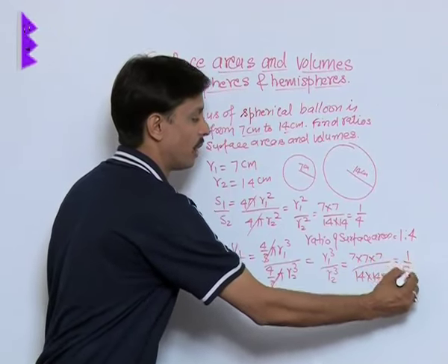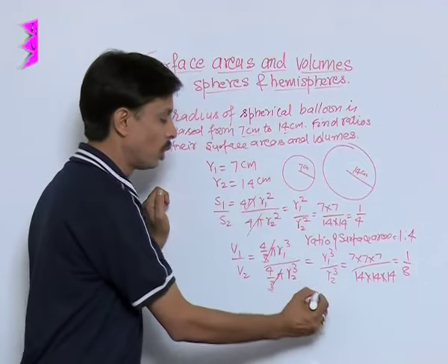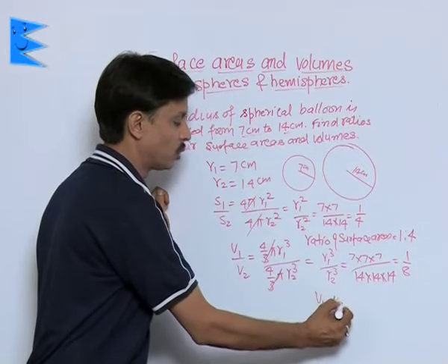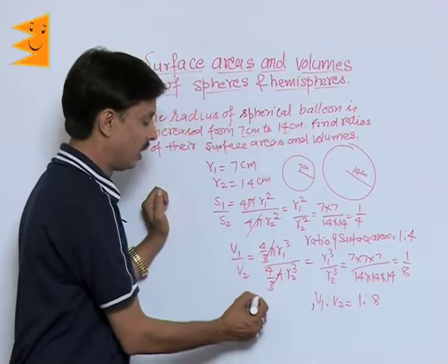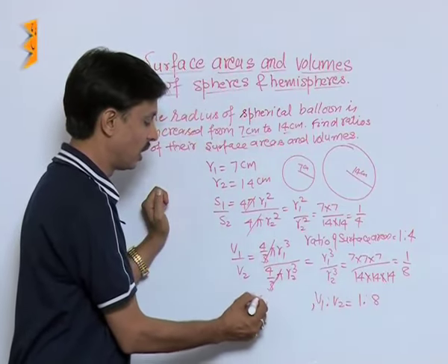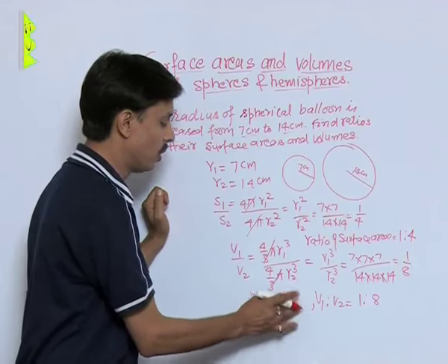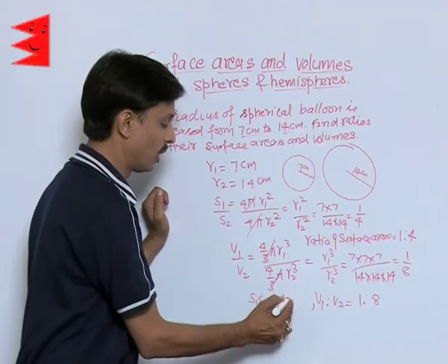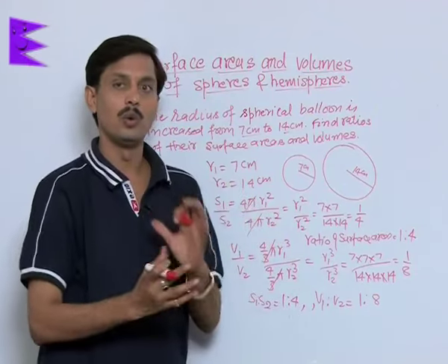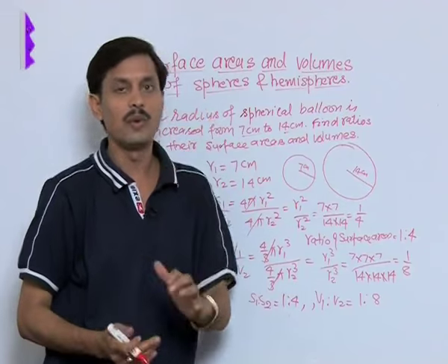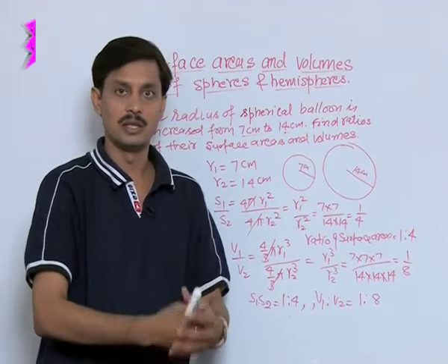This becomes 1 by 8. So I can say that the ratio of volumes V1 is to V2 has come out 1:8, and the ratio of surface areas S1 is to S2 is 1:4, as shown in the first situation. So this is the way to compare the surface areas and volumes under various conditions.